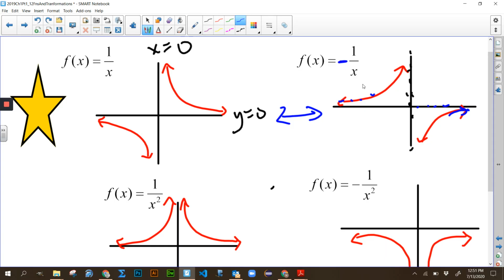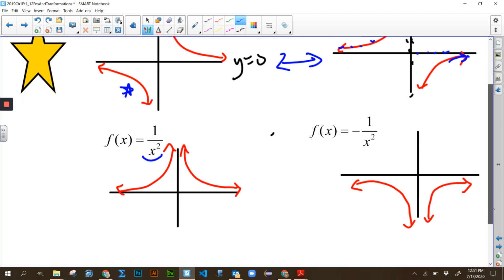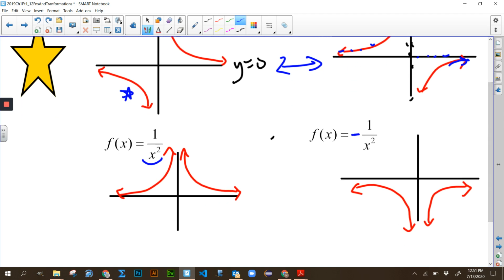Right, then we have 1 over x squared. What that does is it makes any x that you have that might be negative, like this one, positive, so it brings it up to quadrant 2. Or if I have -1 over x squared, that brings them both down to the lower quadrants 3 and 4. And behaviors, again, still the same. Here, what's going to change from these ones up here is your range, and it will become from 0 to infinity.